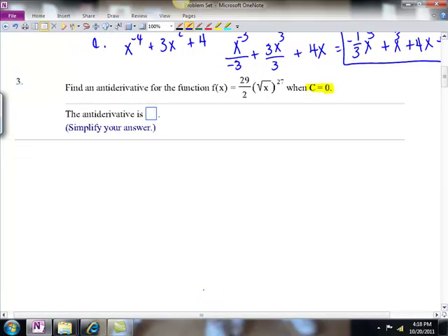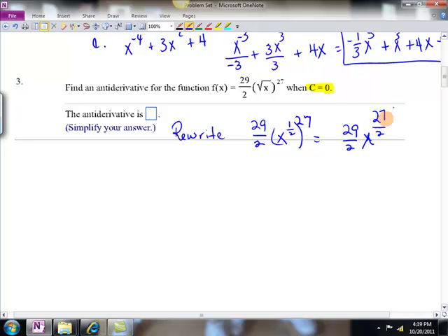Okay, number 3, find an antiderivative for 29 over 2 square root of x to the 27th. I would say rewrite that first. 29 over 2, x to the 1/2, to the 27th, which is 29 over 2 x to the 27 over 2. Okay?